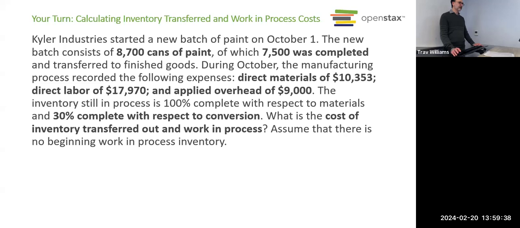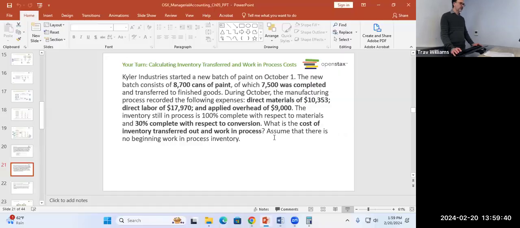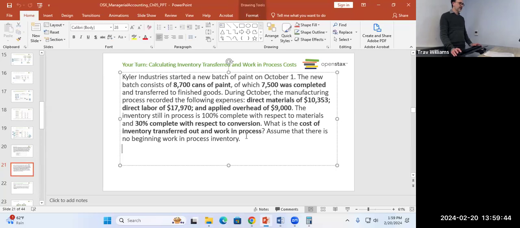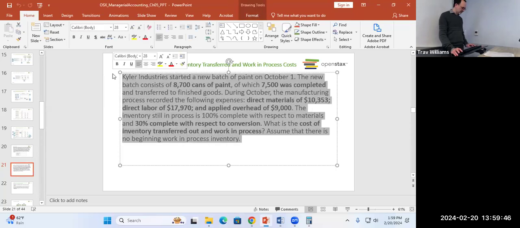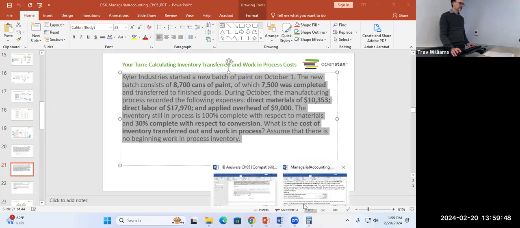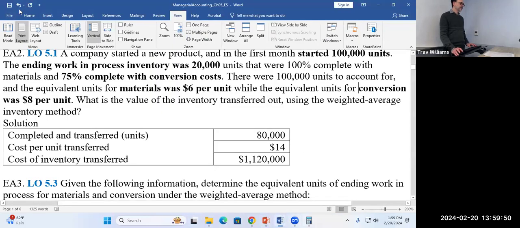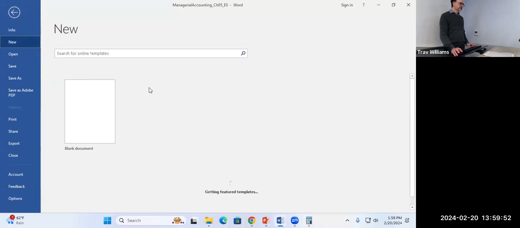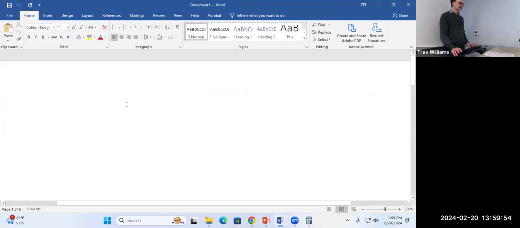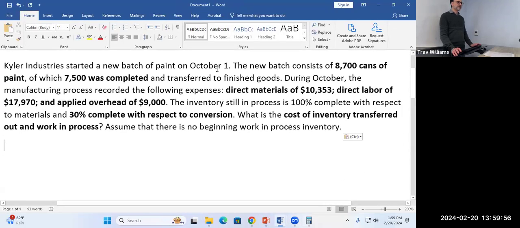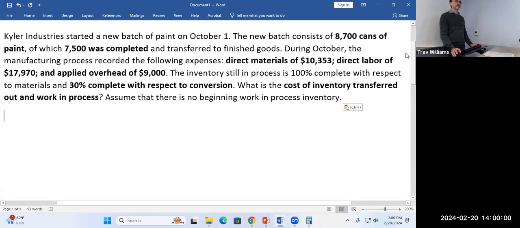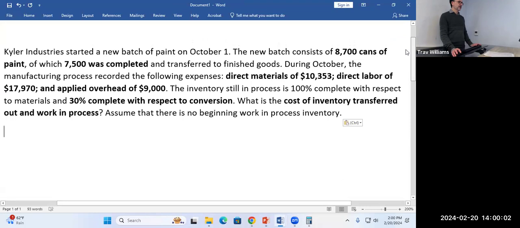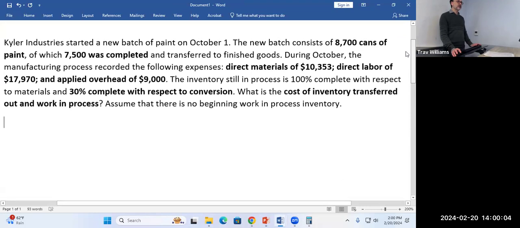Okay, let's take a look at this one together and work through it. You know what? Let me put it in a Word document. It'll be easier to see. We have some similar numbers here, but it's a different example.